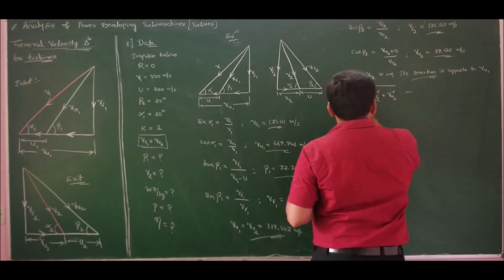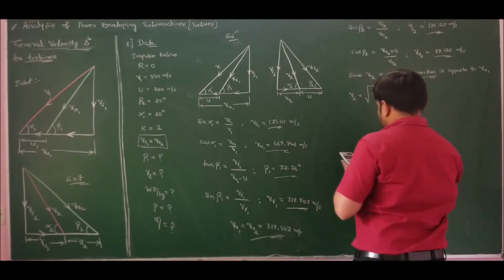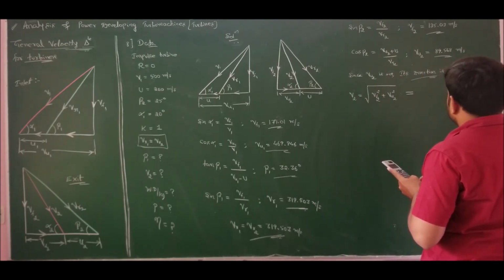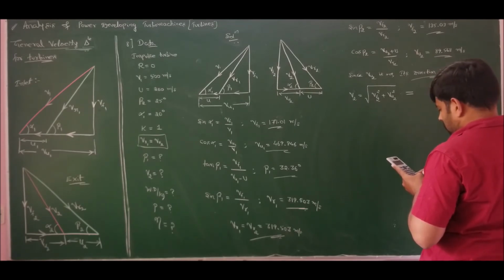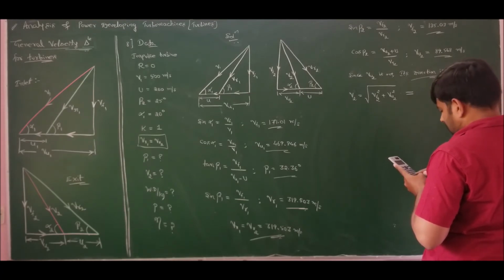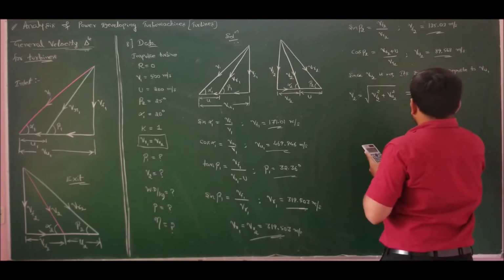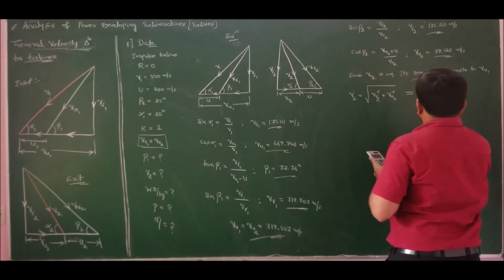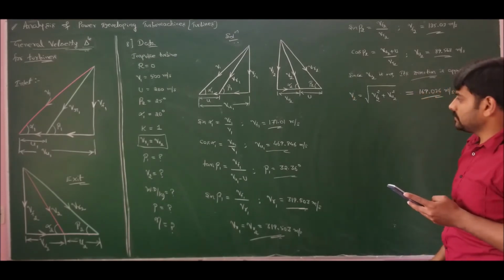Directly I can write the value of V2: root of 135.03 square plus VU2 square, 89.568 square. V2 is 169.036 meters per second, whose direction is shown in the velocity triangle.